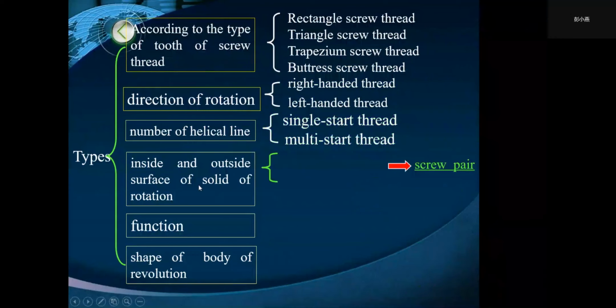And according to the thread position, external threads are the threads on the screw, while internal threads are the threads on a nut or thread hole. External thread and internal thread form a screw pair.